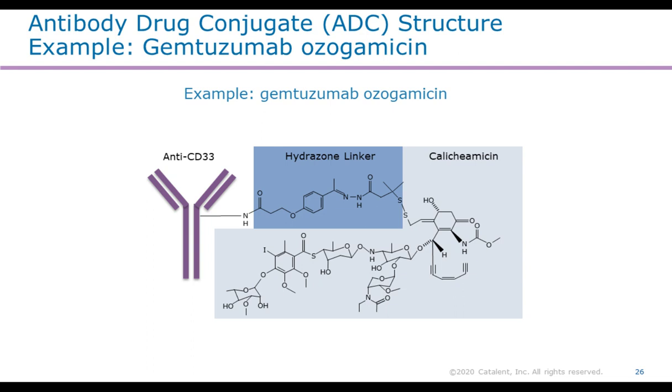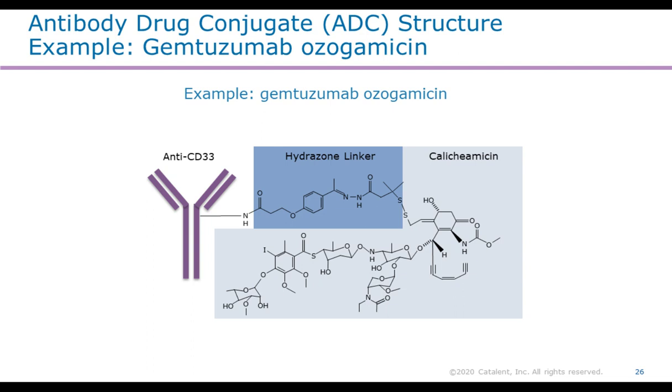Shown here is the structure of Gemtuzumab ozogamicin, marketed previously as Mylotarg. For Mylotarg, by linking calicheamicin, which is part of a class of cytotoxic antibiotics, to anti-CD33, it can be delivered to a leukemic stem cell expressing CD33.